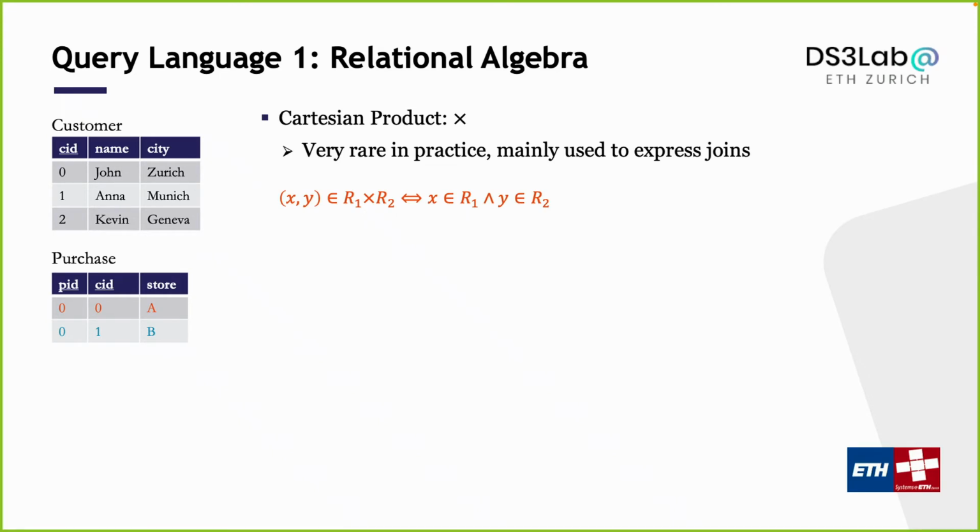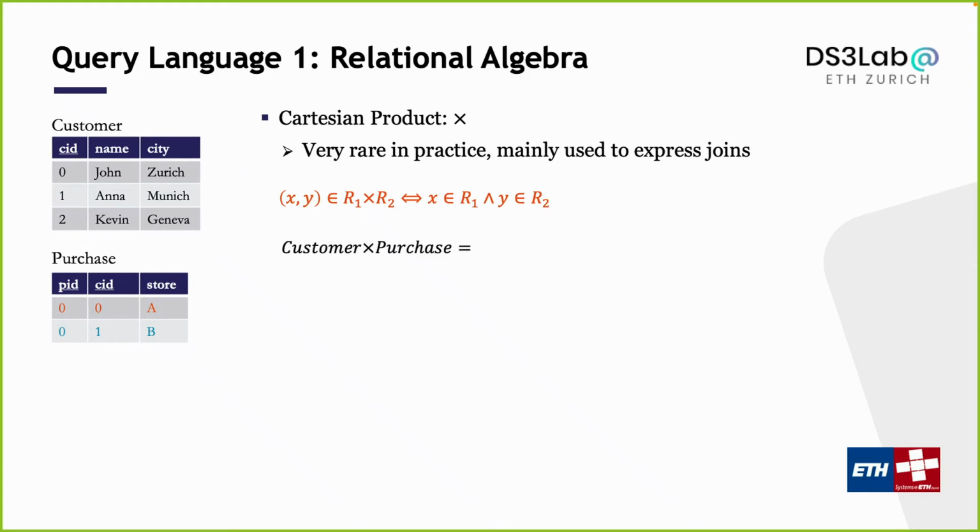You can compute the cross product between these 2 relations. Now, what do you mean by this? A tuple xy is in the result of this query if and only if x is from R1 and y is from R2. Okay, it's cross product. For every single tuple in R1, for every single tuple in R2, you produce a new tuple.